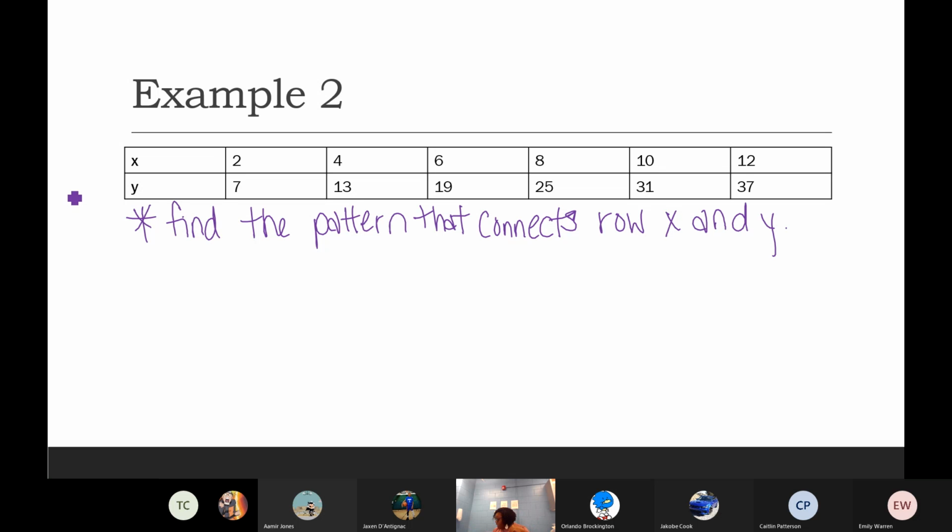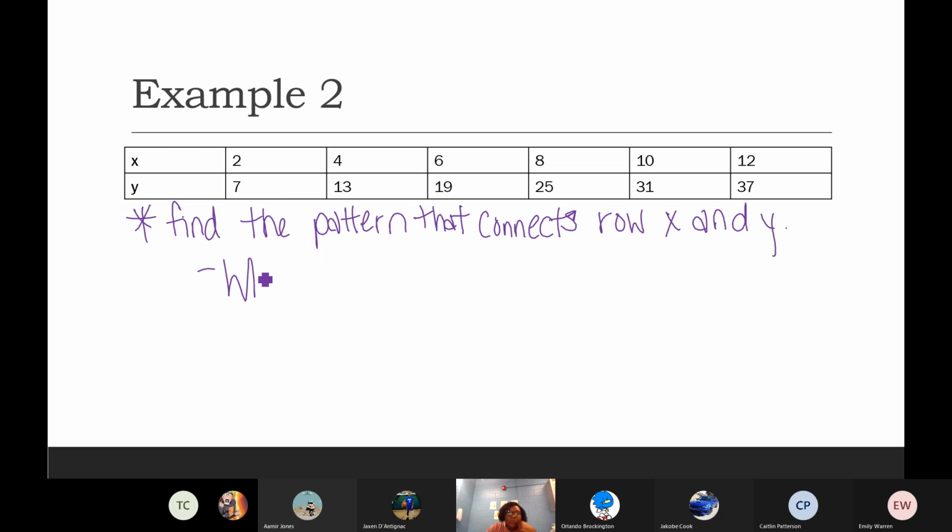So when we're looking here, how did I get from 2 to 7? What rule did I follow?